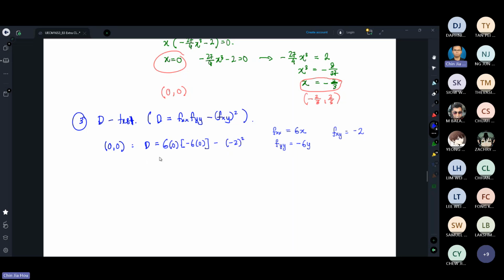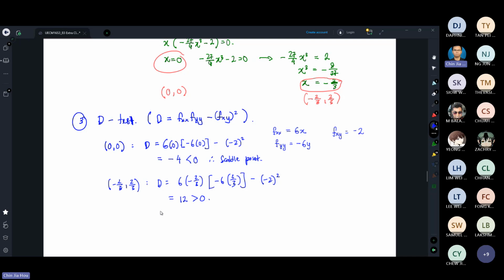Okay, and we get D at (0, 0) equals minus 4. So minus 4 is obviously less than 0, so it is a saddle point. On the other hand, at (minus 2 over 3, 2 over 3), our D is 6 times minus 2 over 3, multiplied with minus 2 over 3 minus... where f_xy is minus 2, squared. Well, if you calculate it, which is a little bit more tedious, you get 12, more than 0.